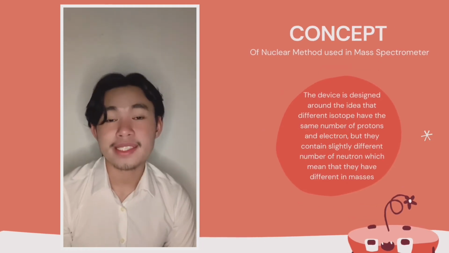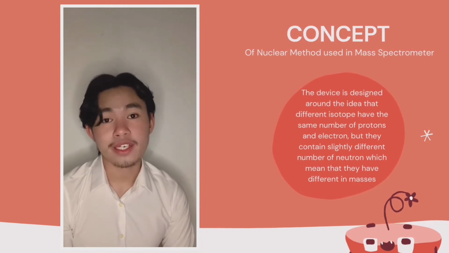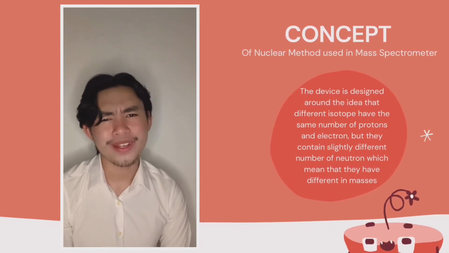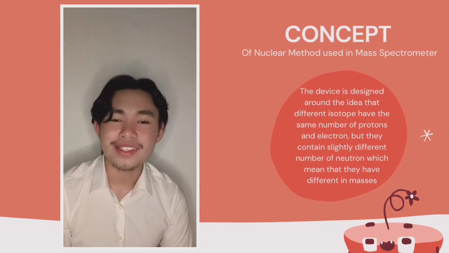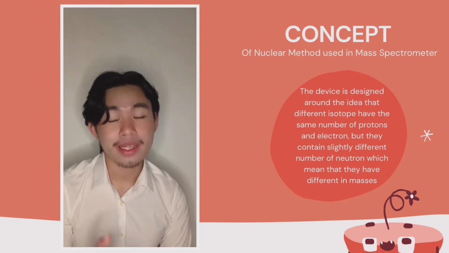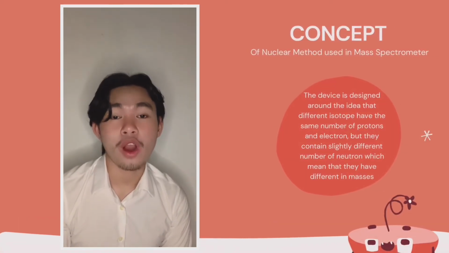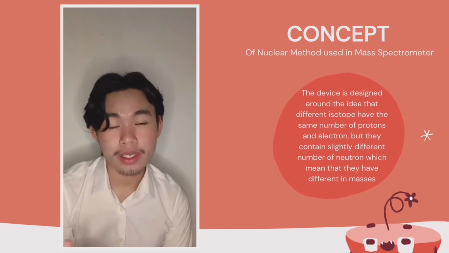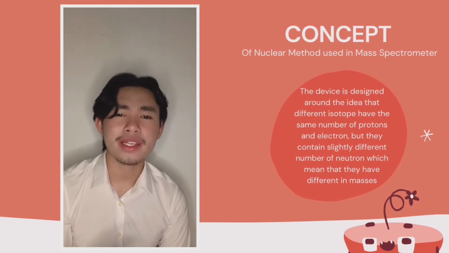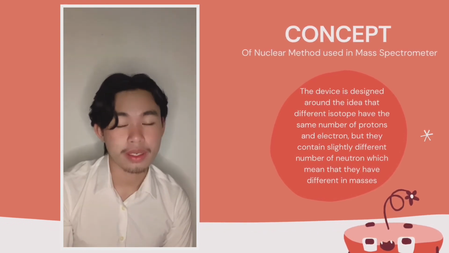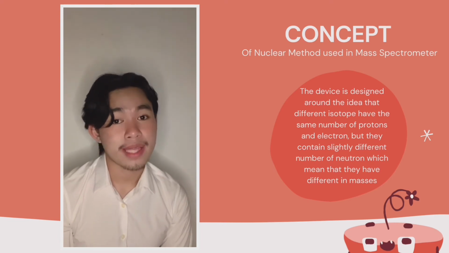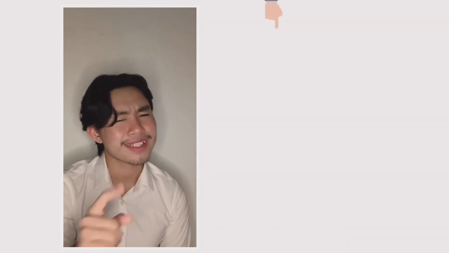This device is designed around the idea of isotopes. But what is an isotope? An isotope is actually an element that has the same number of protons and electrons but a slightly different number of neutrons, which means that they have a different mass.